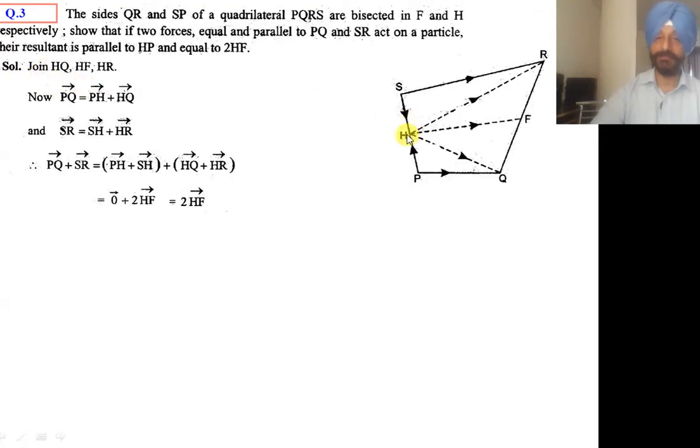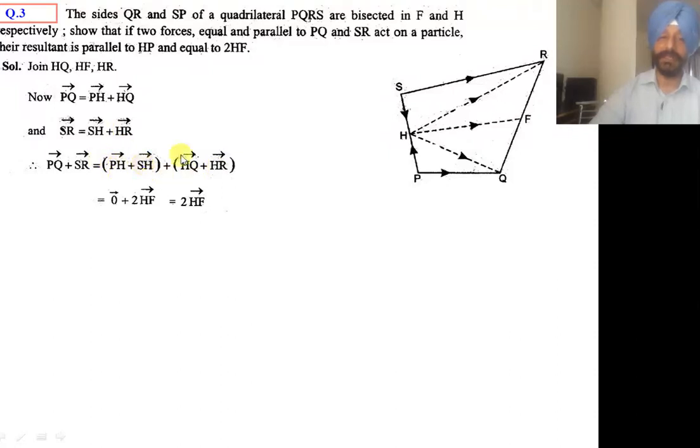So first of all, join HQ, HF and HR. PQ is equal to PH plus HQ. This is a simple thing which we do in almost every question. Second, SR is equal to SH plus HR. Now adding these two, PQ plus SR is PH plus HQ plus SH plus HR.